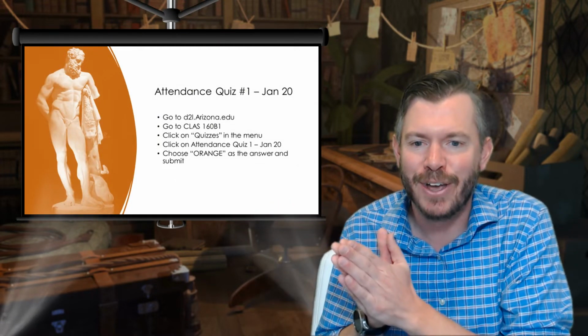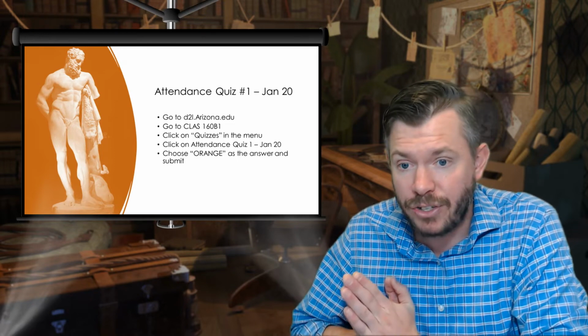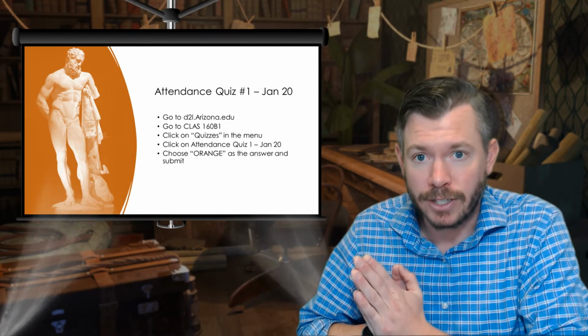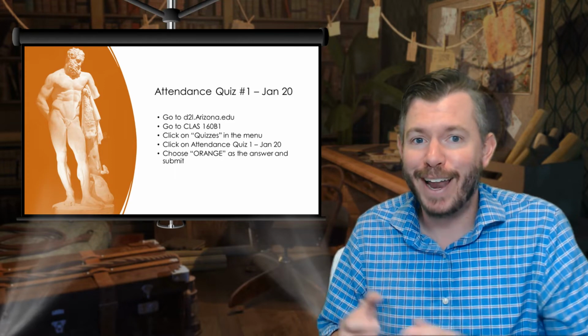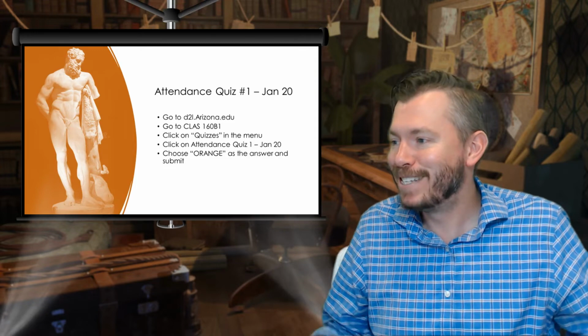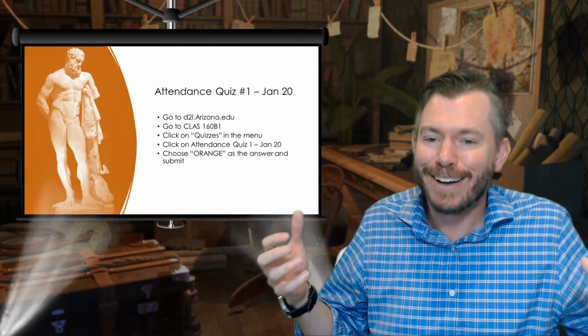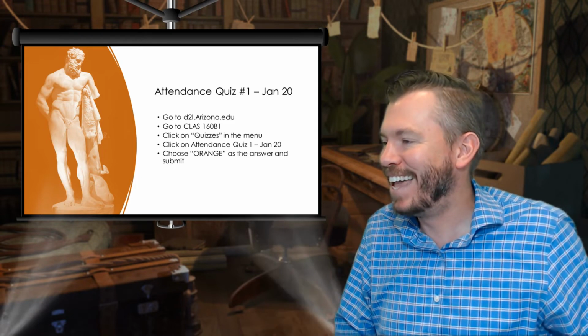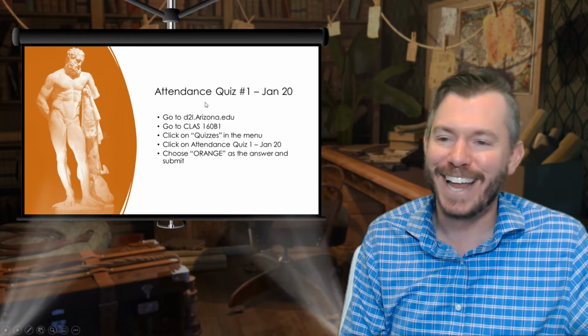So go ahead and take 2 minutes now. What I'd like you guys to do is get on D2L, go to Attendance Quiz 1, and select Orange, okay? So you're going to need to select Orange for today's attendance, and if you select Orange, you'll get the question right, and you will then get your attendance credit for today.